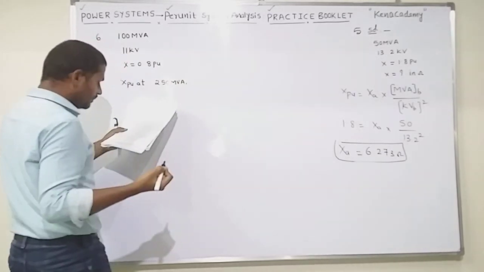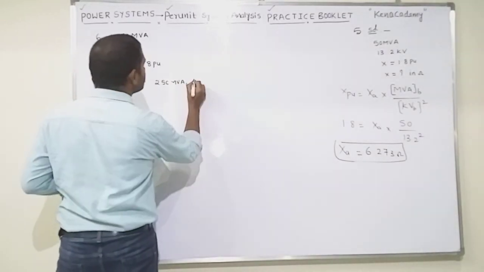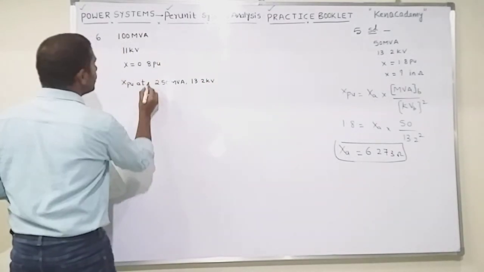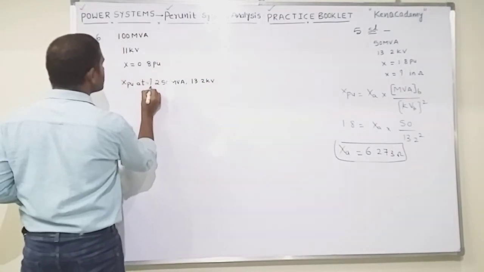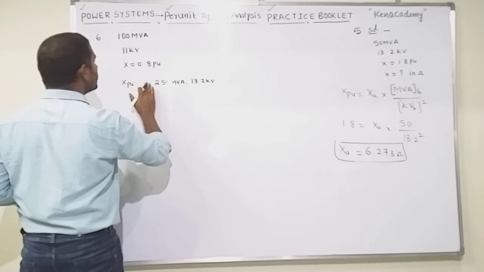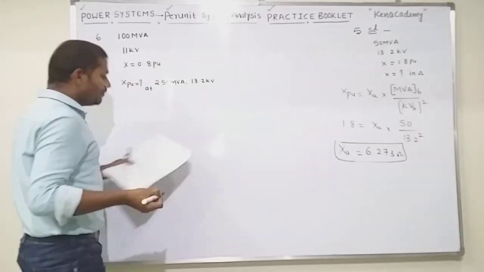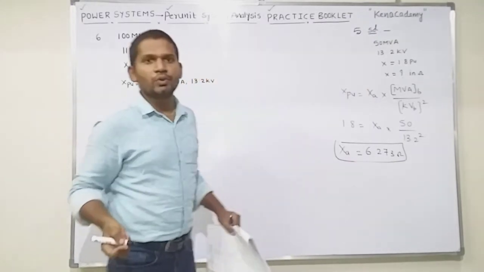Find the per unit reactance at 250 MVA, 13.2 kV.